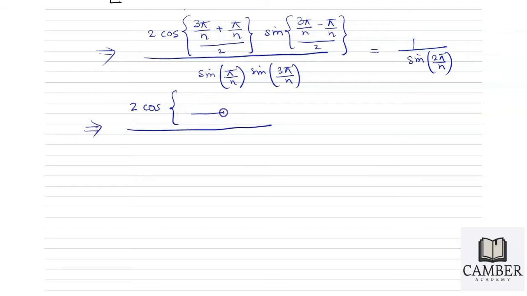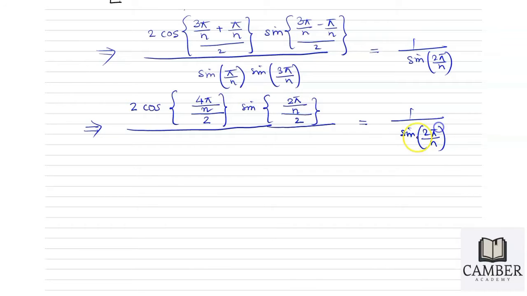In the numerator we get 3 pi plus pi, which gives us 4 pi. Similarly for the sine, take n as an LCM, and in the numerator we get 3 pi minus pi, which gives us 2 pi.